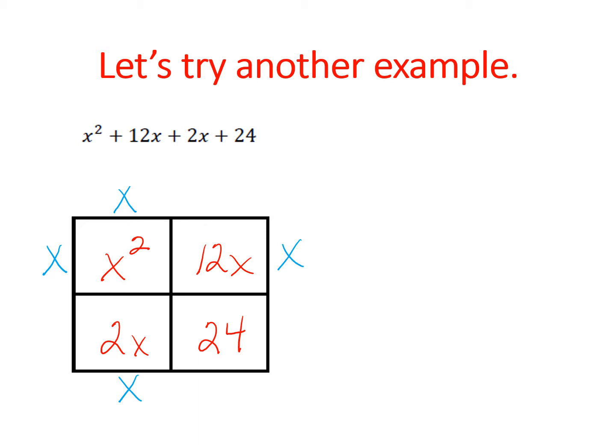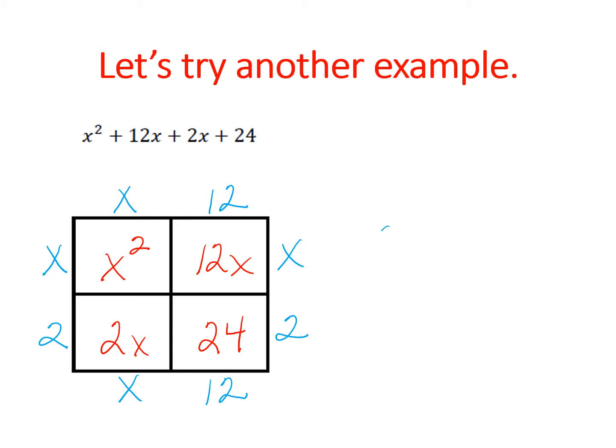Then x times what is going to give me 12x? Well, that would just be 12. If the top is 12, the bottom is 12. Second row, we've got to get a 2x, so that's going to have to be x times 2. And if that side is 2, then the right-hand side would also be 2. And 2 times 12 does indeed give us 24. So again, we've checked that fourth block to make sure it's correct.